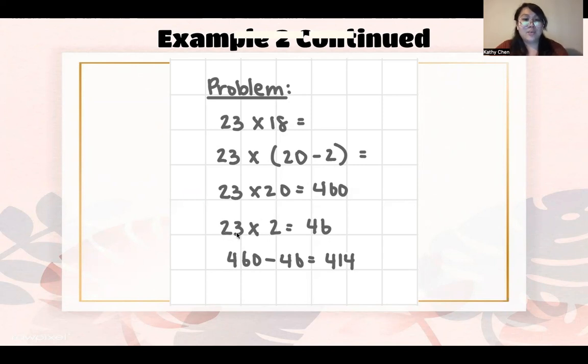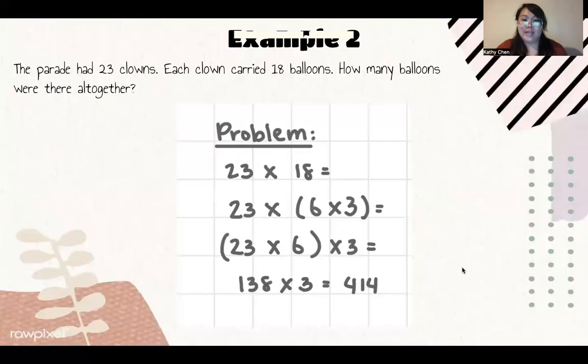And then they did 23 times 2, which gave them 46. We can find these numbers, 23 right here, 20 up here, and 2 up here. We then took 460 and 46, and we found the difference. So 460 minus 46 was 414. Just like the previous method, the student also got 414.